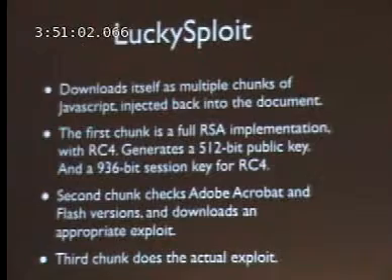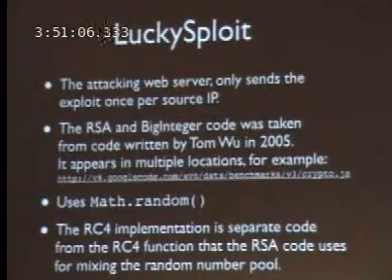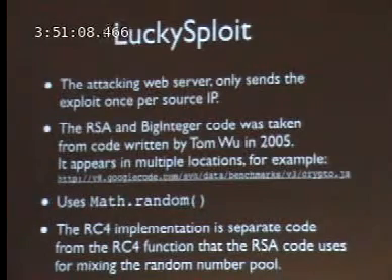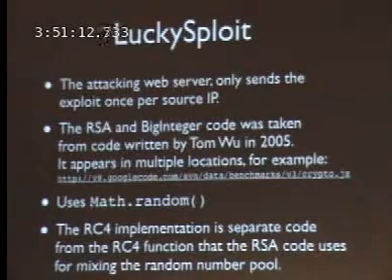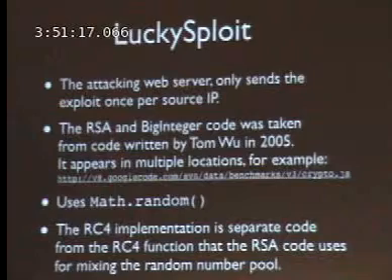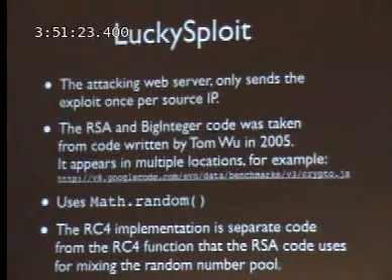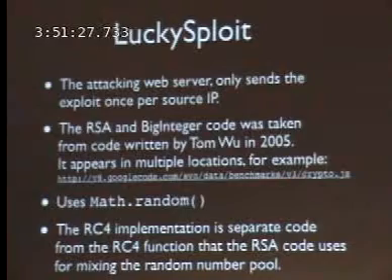And the RSA code and the big number code was written by Tom Wu back in 2005. You can get the code off of Google Code. It uses Math.random for filling the random number pool, which is somewhat significant if you feel like cracking the crypto.